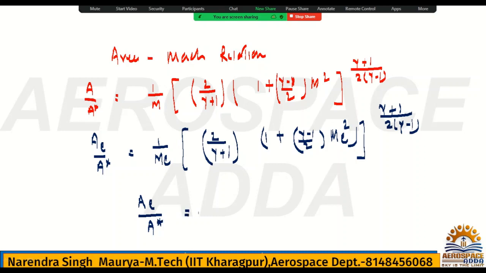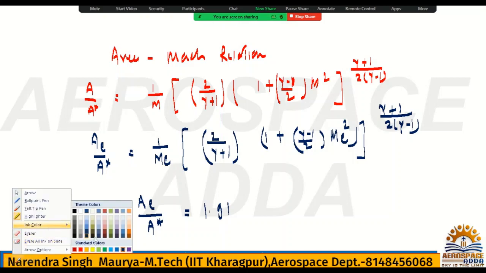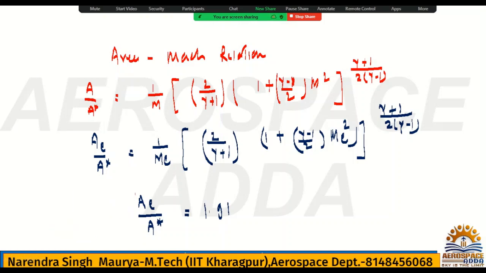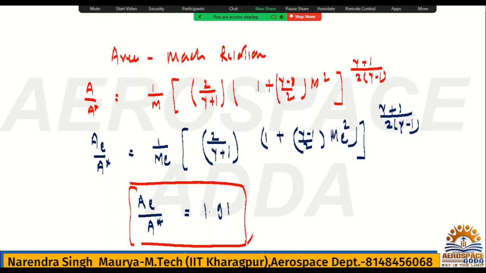So here it is nothing but 1.91, I can say. This is the approximate value of A by A star. If you go accurate to 2 digits, then maybe the data changes a little bit, but yes, 1.91 I'm writing here.